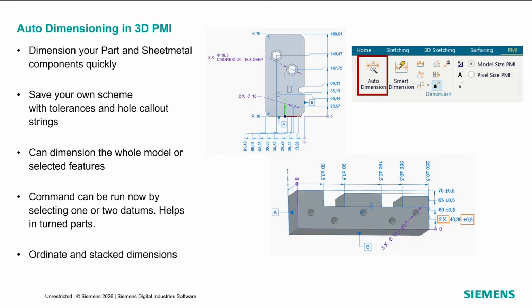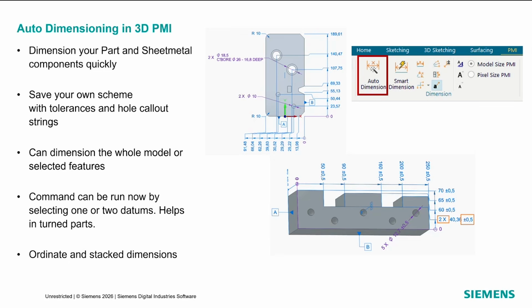All these settings can be saved to be reused in future. You have the ability to either dimension the whole model or just any selected feature, whether it is a hole or just another parallel face and so on.